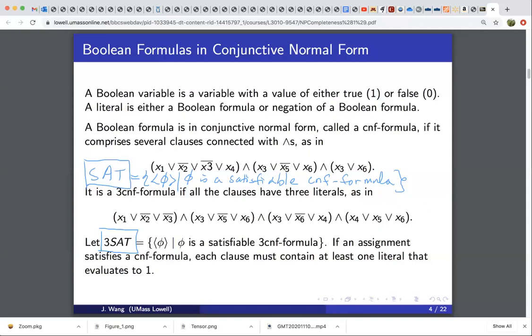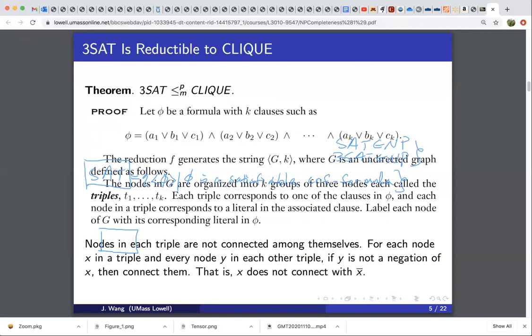So SAT and 3 SAT are both in NP, and we're going to show that they are NP complete, which means that any problem in NP can be reduced to SAT, and then we're going to reduce SAT to 3 SAT. Now, reductions are transitive. That's not hard to show.